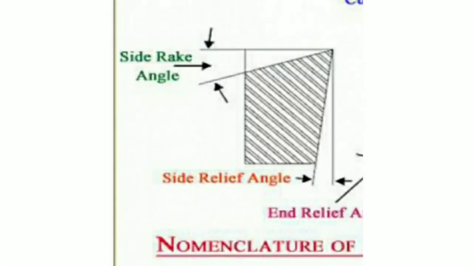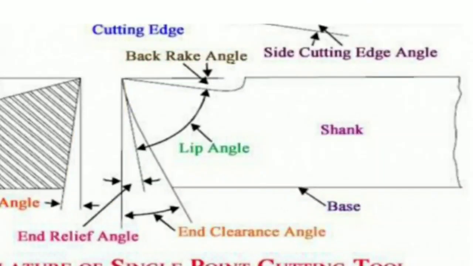For side relief angle, you can see the side view of the tool. This is a clearance or relief given to the side face of the shank. It is the angle between the side flank and a line perpendicular to the base of the tool below the side cutting edge. Next, end relief angle.